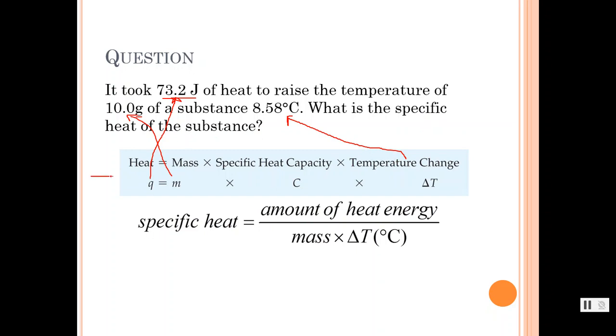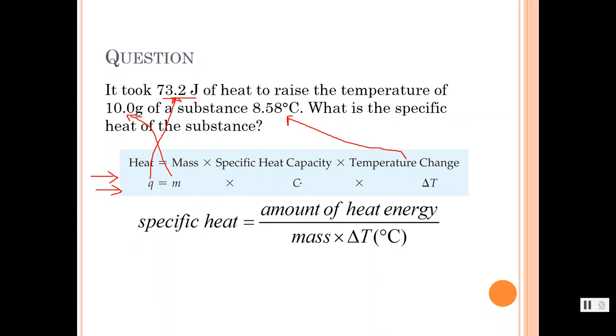So I'm going to be using my equation Q equals mc delta T. Right now, that equation is solved in terms of Q. I want to solve it in terms of C, specific heat. So you remember the opposite of multiplication algebraically is division.